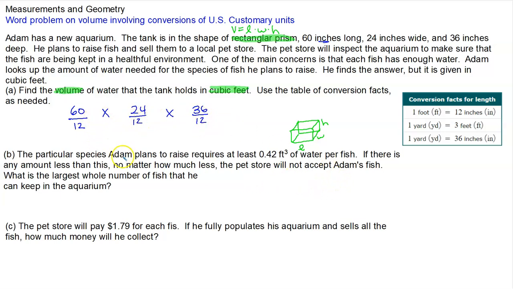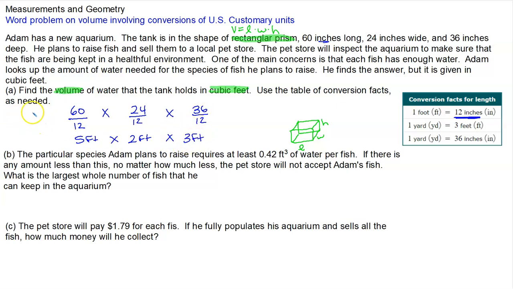Really what's happening here is that we've got to make sure the conversions match. So 60 divided by 12 is 5 feet. And 24 divided by 12 is 2 feet. And 36 divided by 12 is 3 feet.